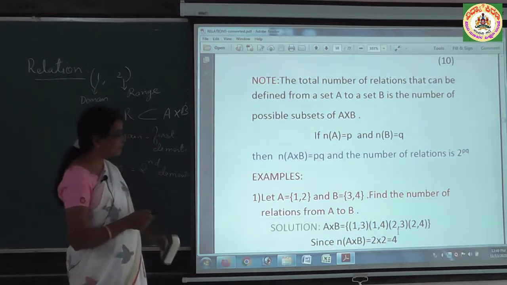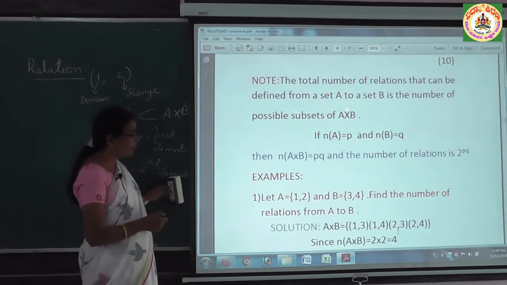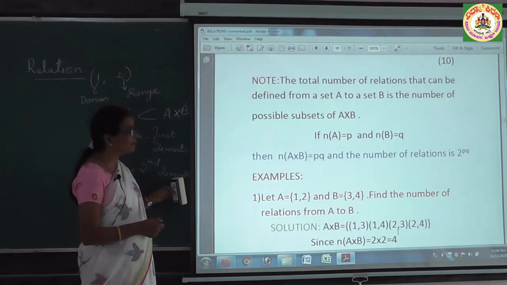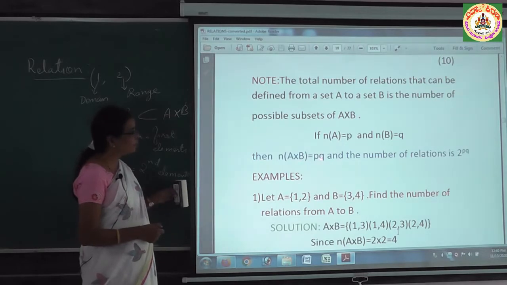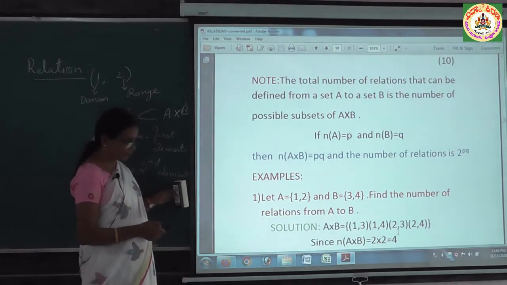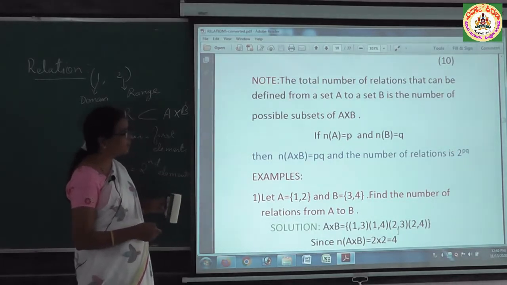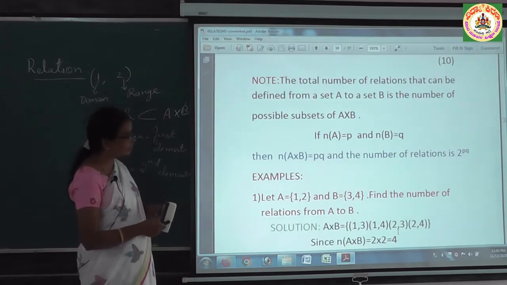For example, if the set A contains two elements and the set B contains 3 elements, then n of A is equal to 2 and n of B is equal to 3. Therefore, n of A cross B is equal to P into Q, which is 2 into 3, 6. Therefore, we have 2 to the power of 6. Using this remark, we will solve similar examples.